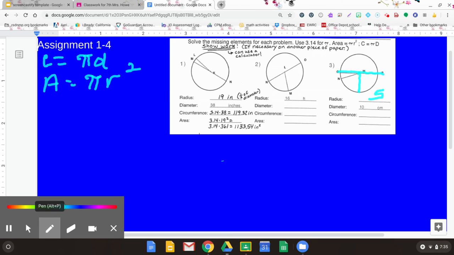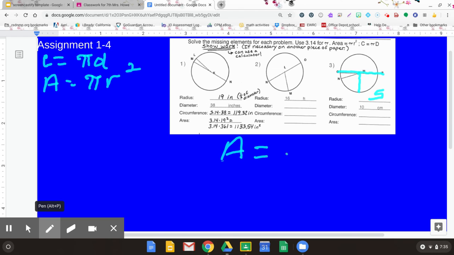Okay, now the area of circle 3. Area equals pi times the radius squared. So area equals 3.14 times our radius, which was 5, and we're going to square that.